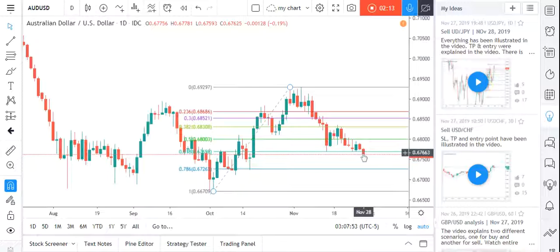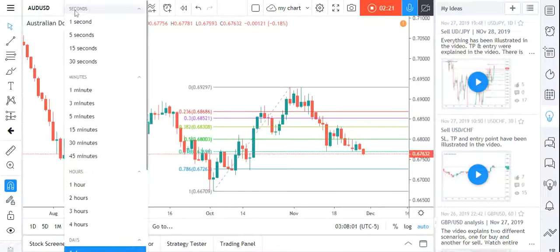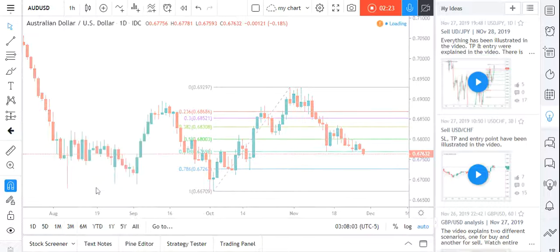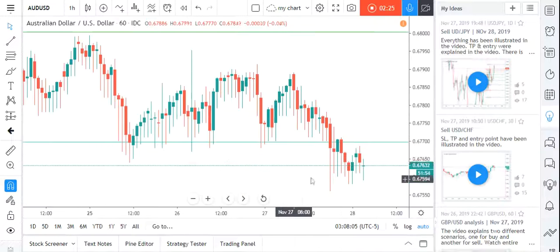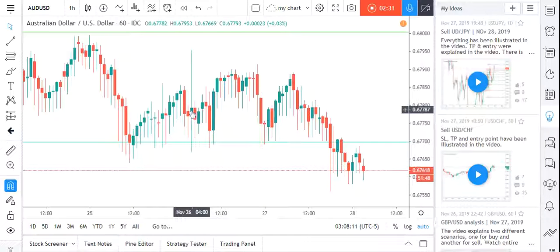If I go to the 1 hour time frame, I will explain the fundamental reason why there are even more chances of further fall. So let me switch to the 1 hour time frame. If you look at this 1 hour candle, it was created when RBA Governor Lowy said that he doesn't need quantitative easing because the economy is not so bad that quantitative easing will be required.